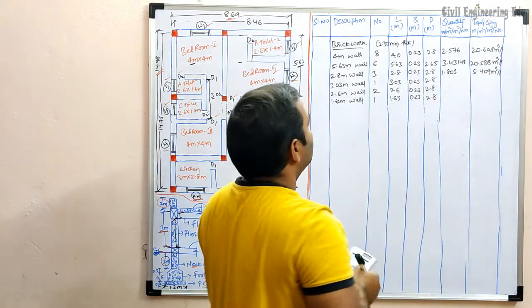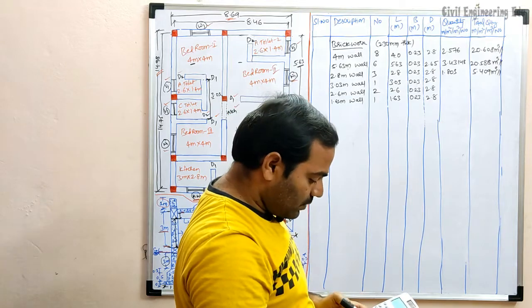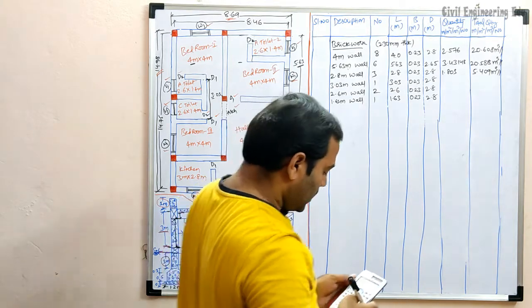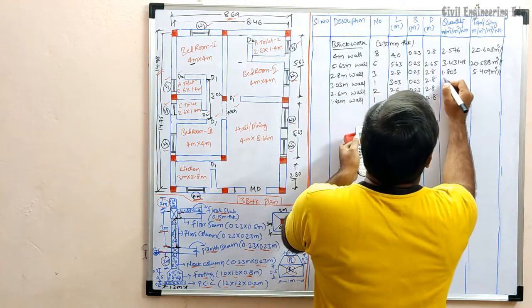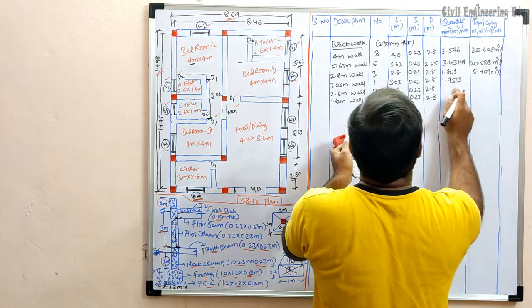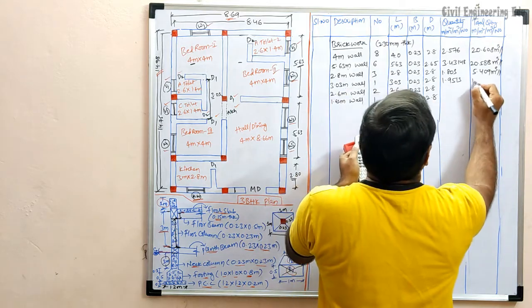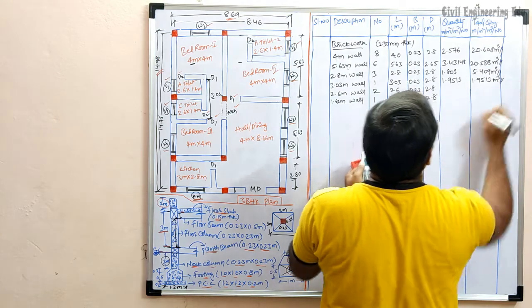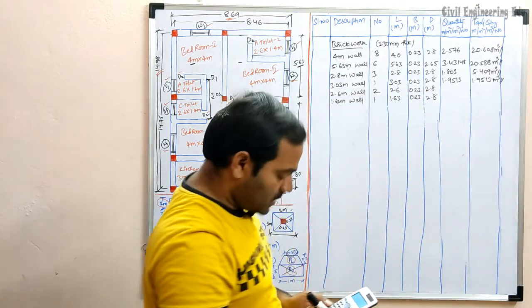Next one is 3 meter wall. 3.03 into 0.23 into 2.8 meters. So 1.9513 multiplied by one number, 1.9513 meter cube.